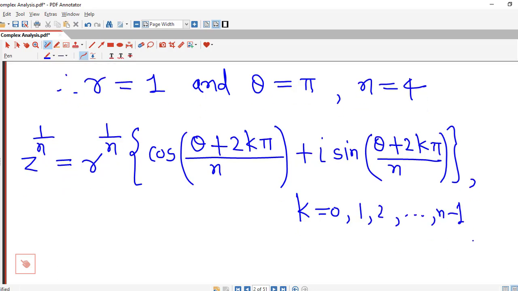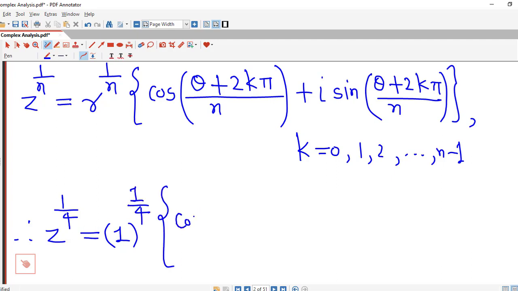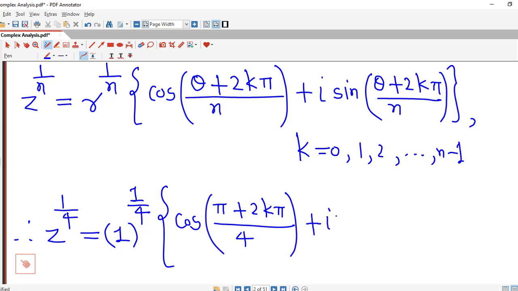Now we substitute all these values. n is 4, so we have z raised to 1 by 4, value of r is 1, that is 1 raised to 1 by 4 times cosine of pi plus 2k pi divided by 4, plus i sin pi plus 2k pi divided by 4.